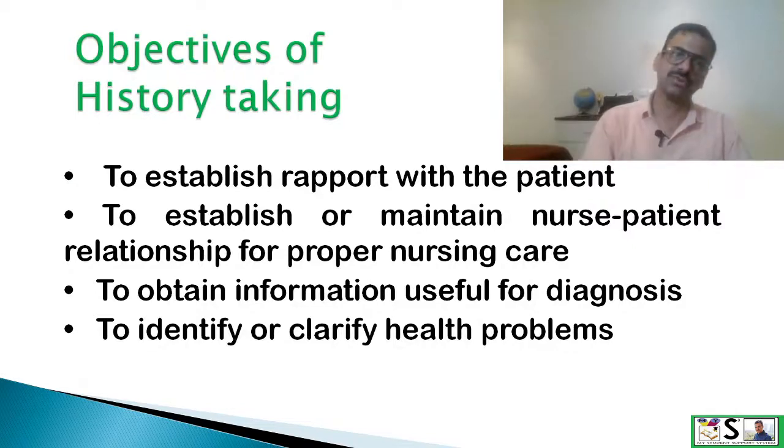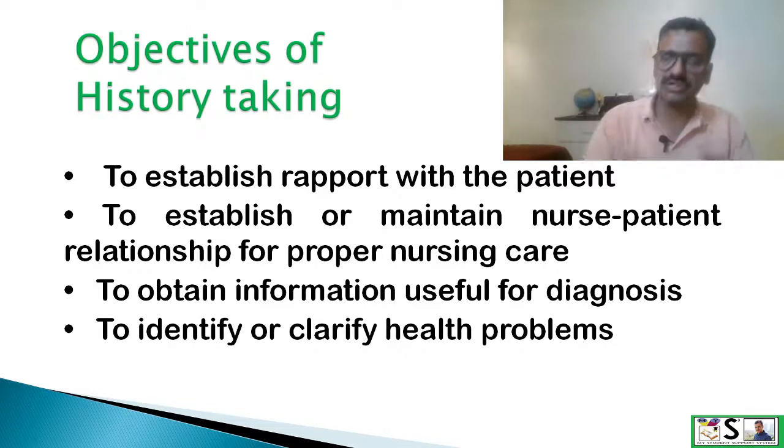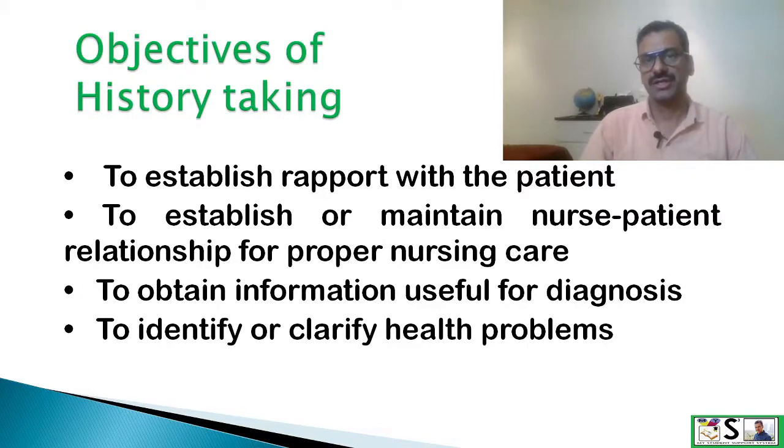What are the objectives of history taking? Why should we take history? Number one, to establish rapport with the client. Because when we are talking with the patient, an IPR is developed and it will assist in gaining confidence of the client.